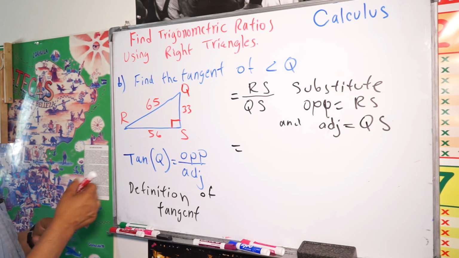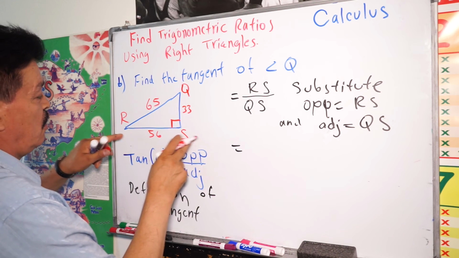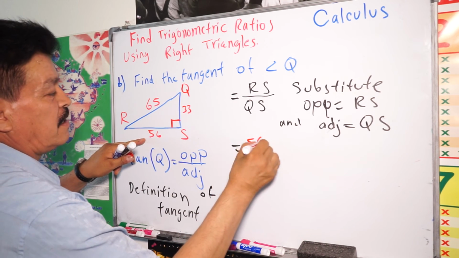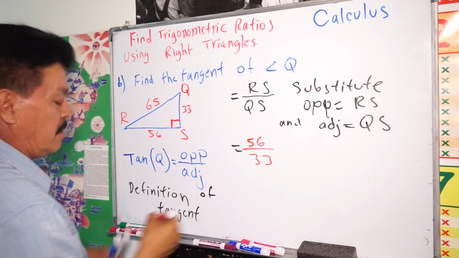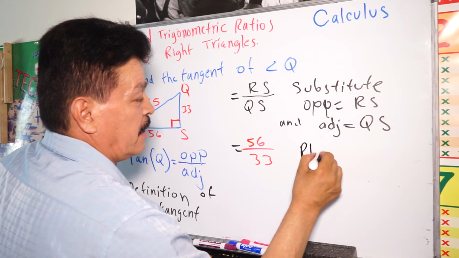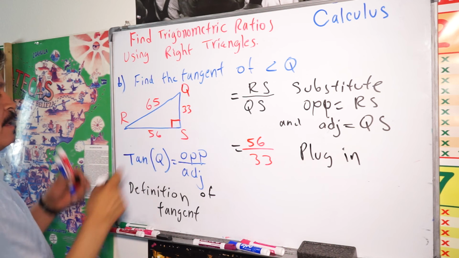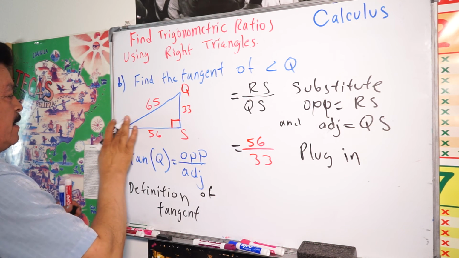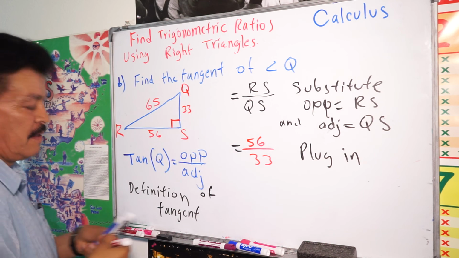The opposite is 56 divided by 33. What we did is plug in the numbers of these sides.